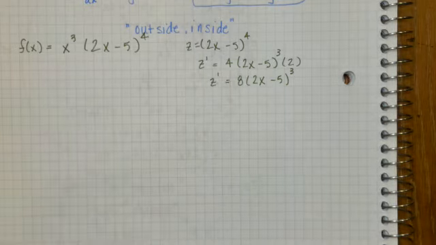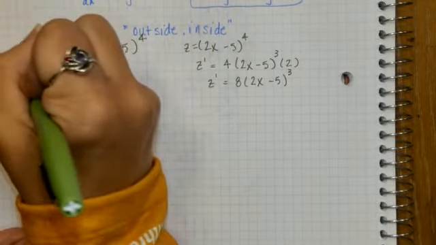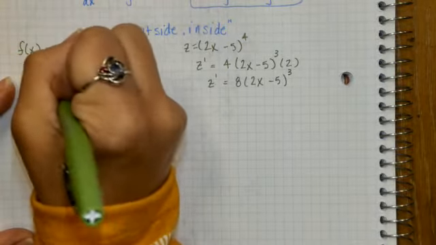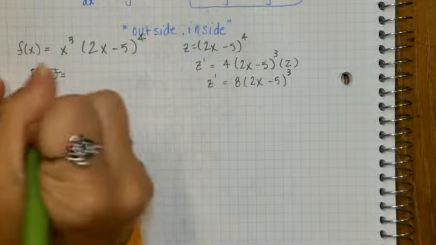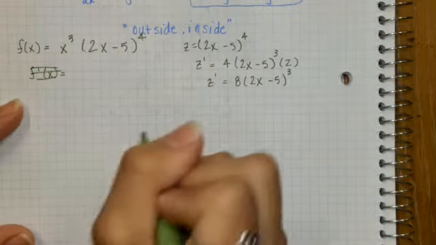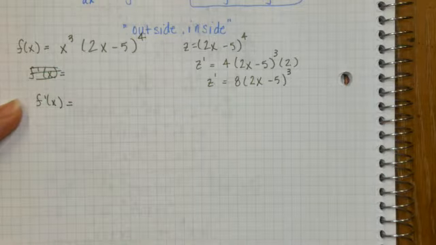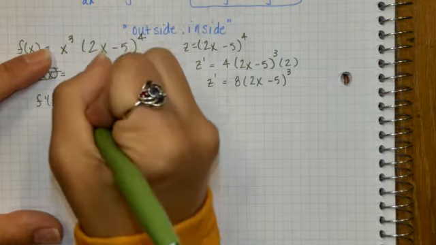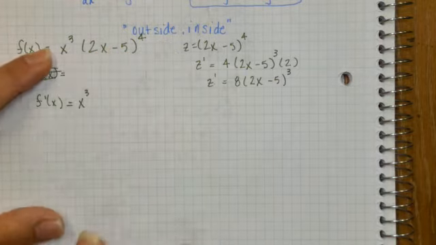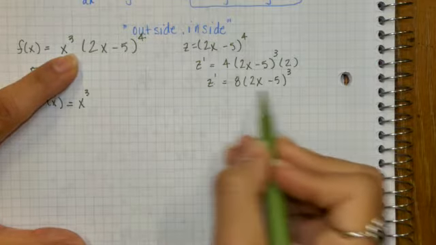Okay, now I'm going to use the product rule. So f prime of x, this is going to need some space. Hopefully I have enough, which I don't think I do, so I'm going to write it down here. This one's going to require a little bit of space. Okay. X cubed times the derivative of 2x minus 5 to the fourth, which we just figured out right here.